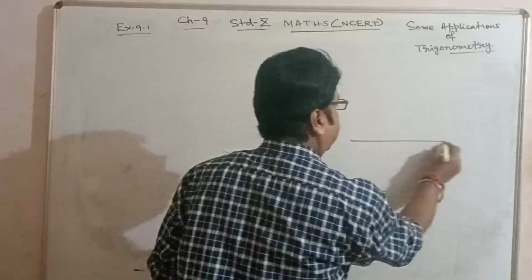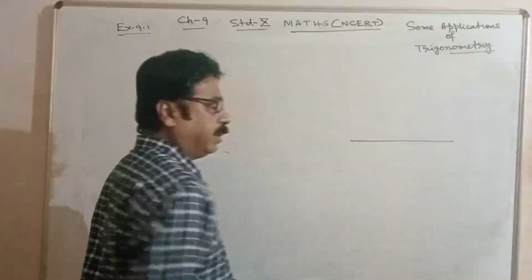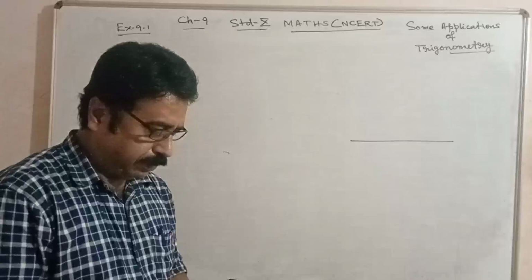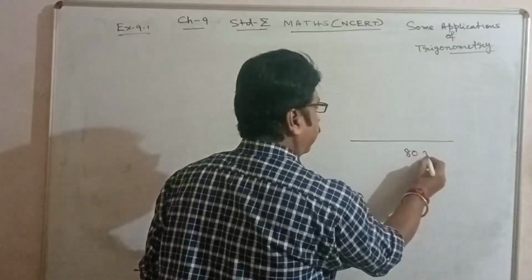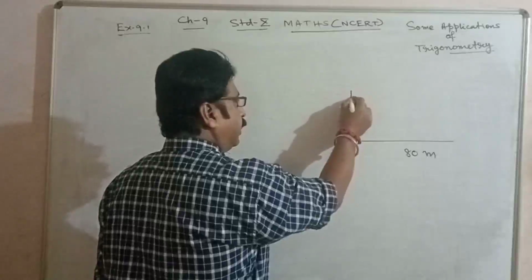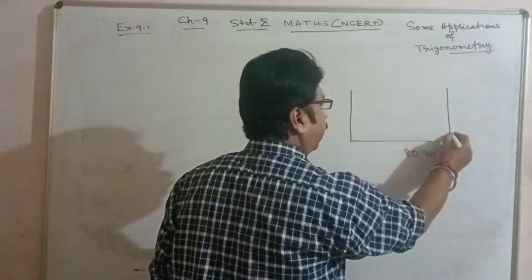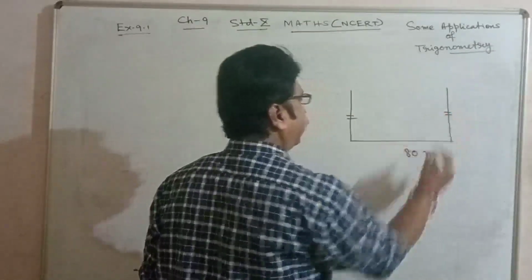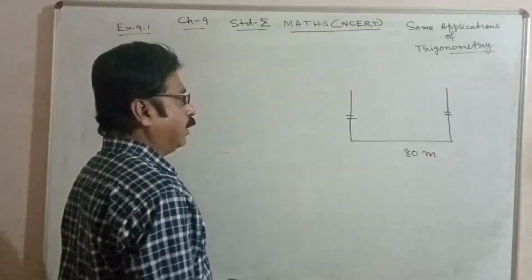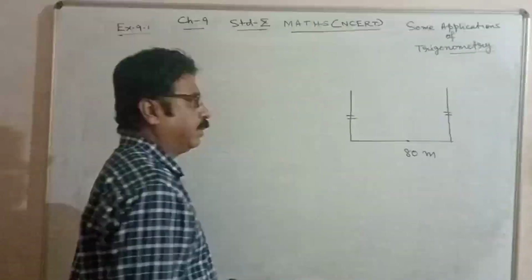This is horizontal level. This is the road. Width is given 80 meter. This is one pole. This is another pole. Heights are equal. Suppose this is one point on the road.